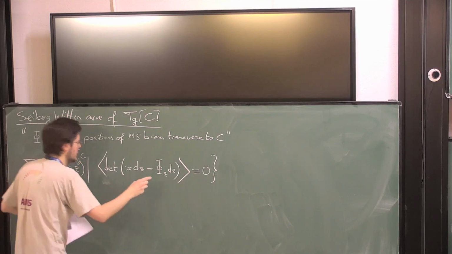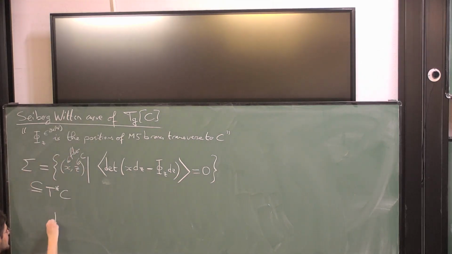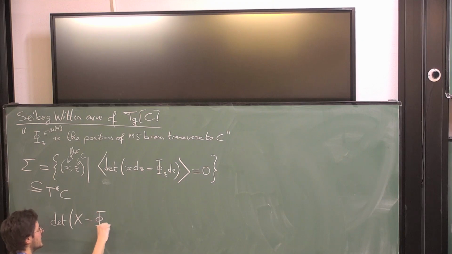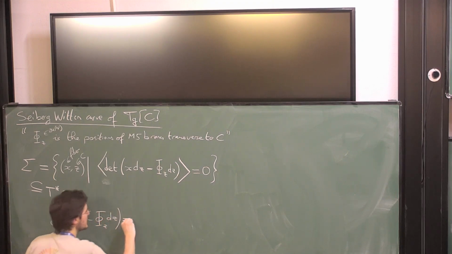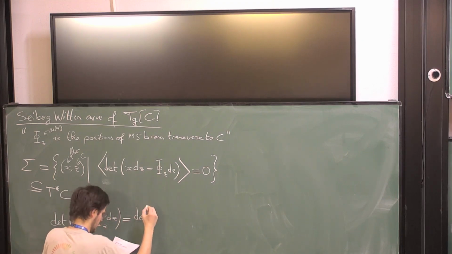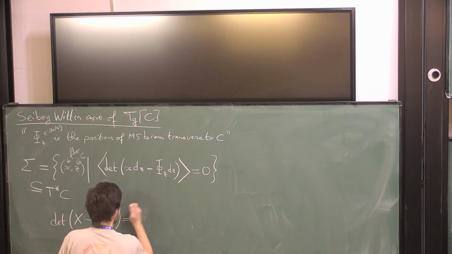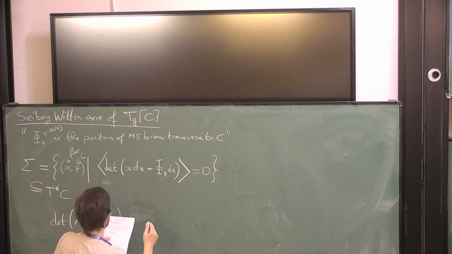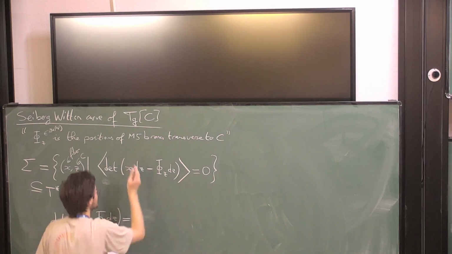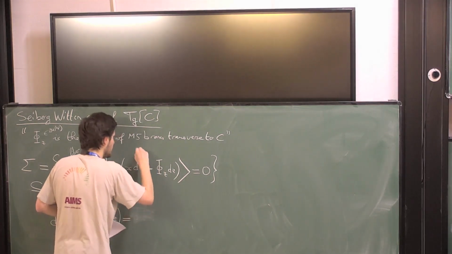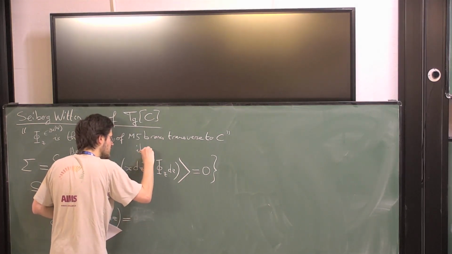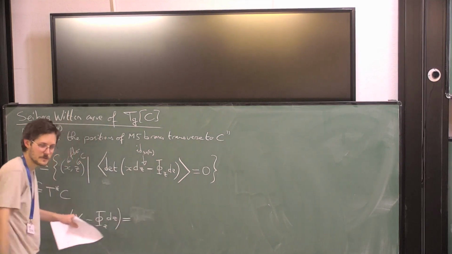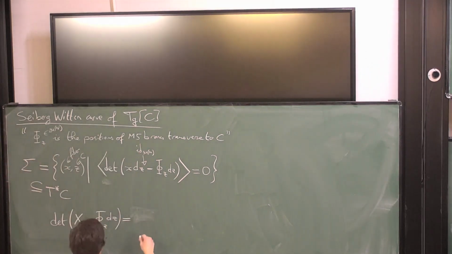If I look at this determinant of some x minus phi z dz, I forgot to put the identity here. So you have to put the identity matrix of SU(N). This is completely standard when you look at eigenvalues of some SU(N) matrix. So here again, identity in SU(N).